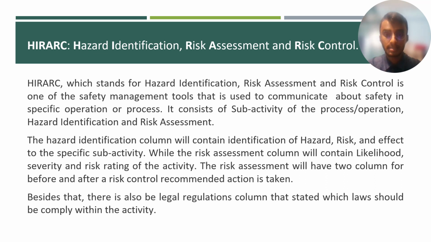The risk assessment will have two columns for before and after a risk control recommended action is taken. Besides that, there is also a legal regulations column that states which laws should be complied with in the activity.